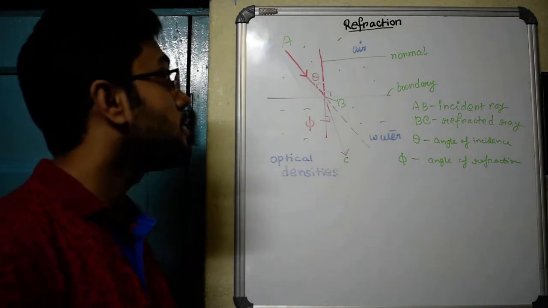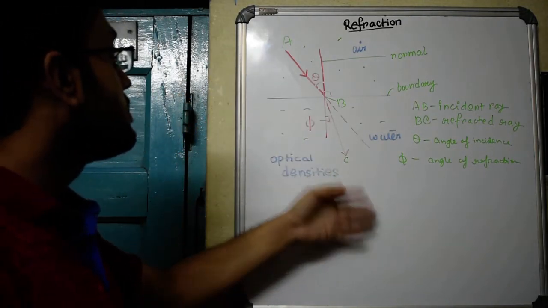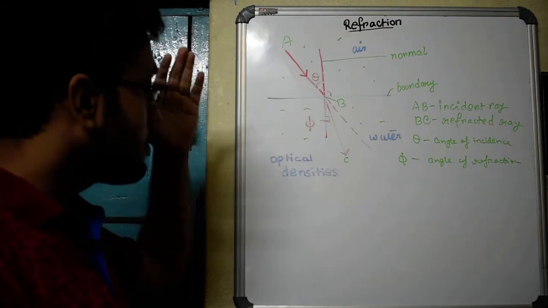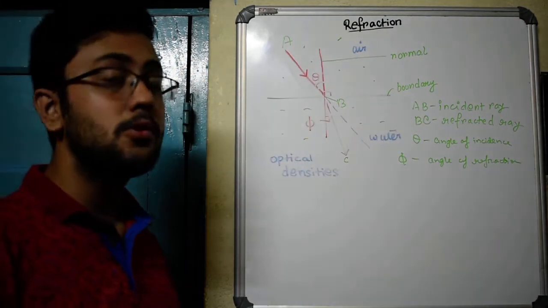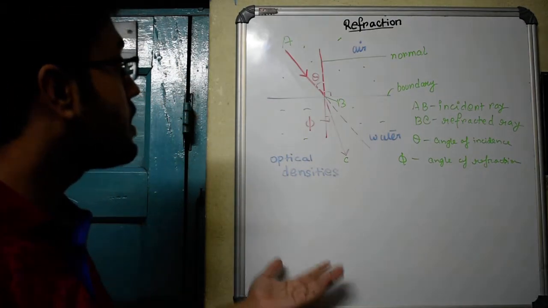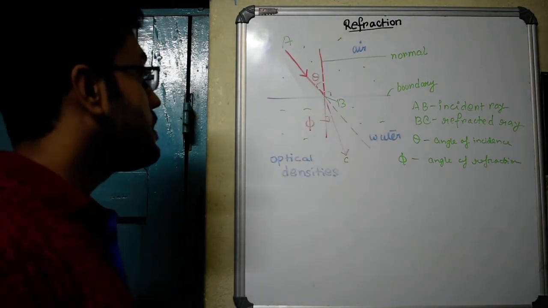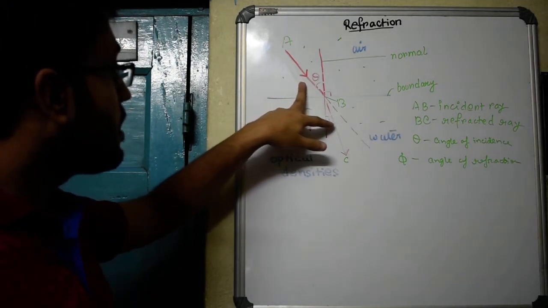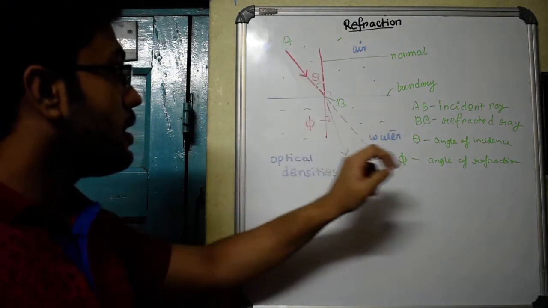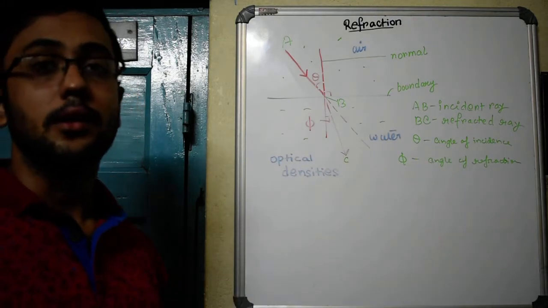So light is traveling from air to water. AB is the incident ray, which is incident at the boundary of the two media, and there it is undergoing refraction, because of which we get the ray BC, which is known as the refracted ray. The angles that the respective rays of light make with the normal are known as angle of incidence and angle of refraction.